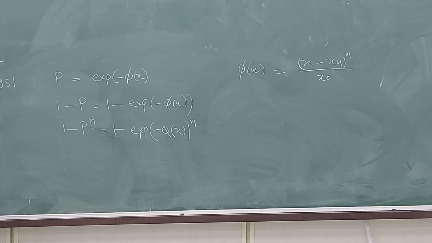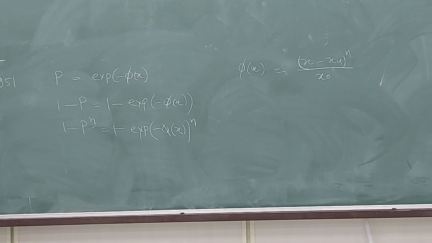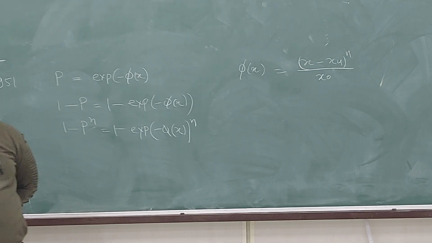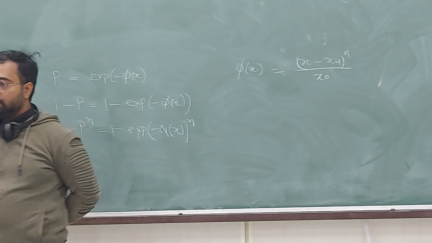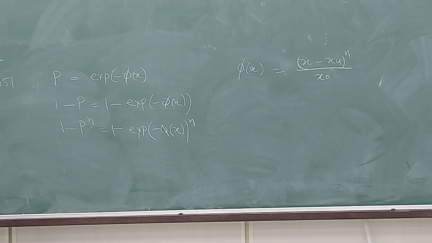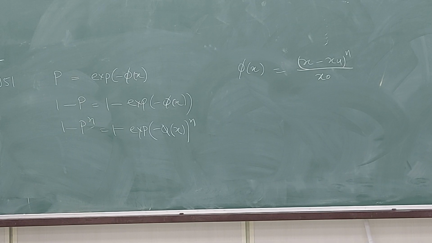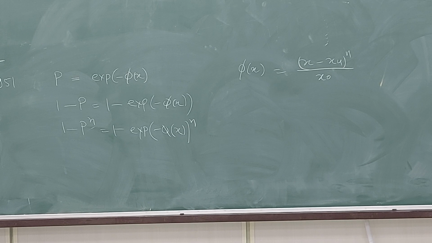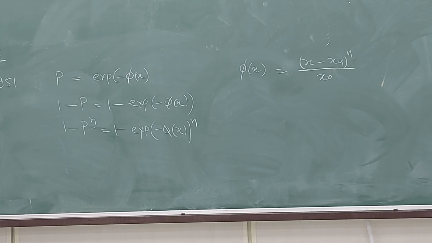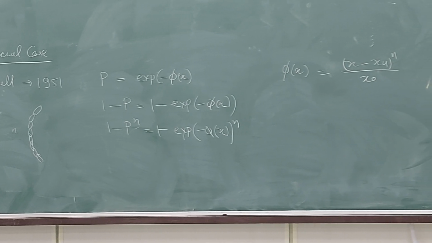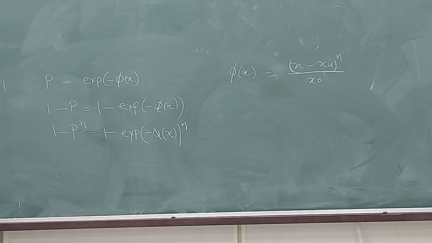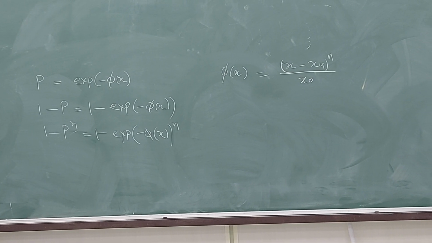For example, let us say that the material property which will be dictating the failure of the link is ultimate tensile strength. So xu becomes ultimate tensile strength and x becomes the stress. If the stress goes beyond xuts, then it will fail. If it is less than that, it will not fail. Okay? And x naught you can calculate by statistical analysis. Okay?